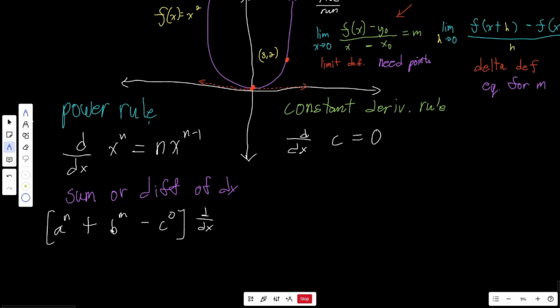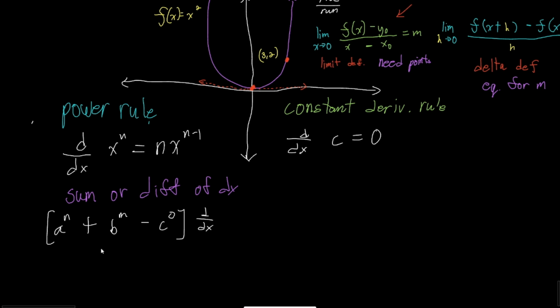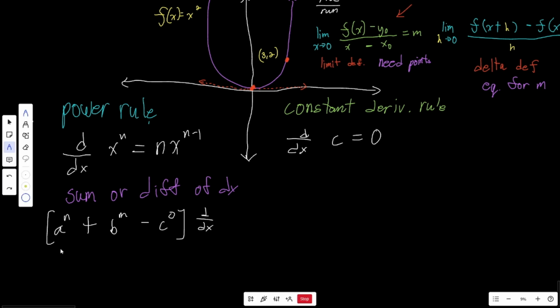Basically, all we have to do is apply derivatives to each term, and this is going to equal the derivative of x to the power of n plus the derivative of a to the power of n plus b to the power of m's derivative minus c to the power of o's derivative.